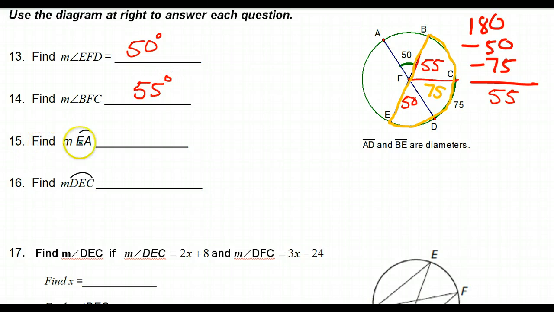Alright, number 15, find the measure of arc EA. Okay, that's this out here. Well, look, we have everything except for this arc. But you know what? It will be a little quicker if we again look at the semicircle.